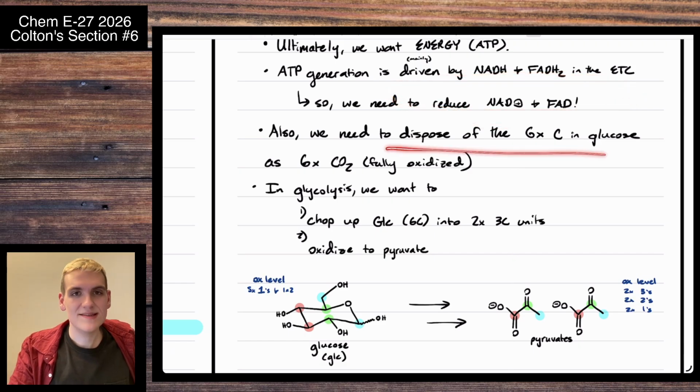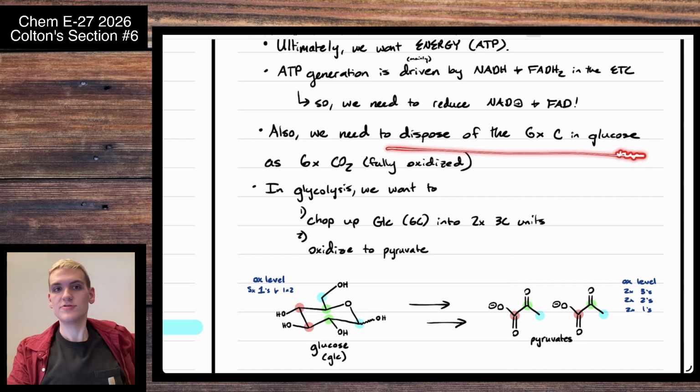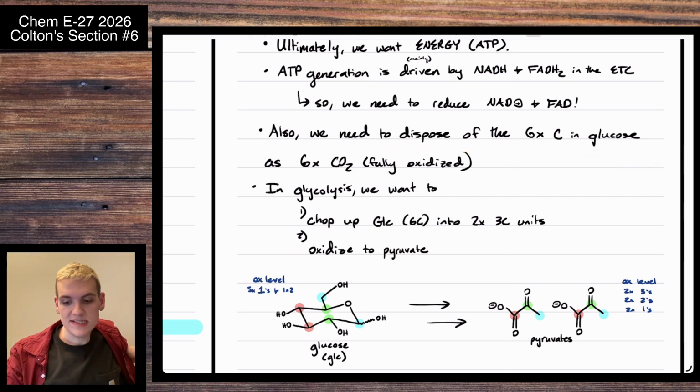The other thing is we need to dispose of the 6 carbons in glucose. Because essentially, after we've extracted all the electrons out of them, they're a byproduct. We don't care about them. And the way that we dispose of carbons, once we've fully oxidized them, taken all their electrons, is as CO2, as a gas.